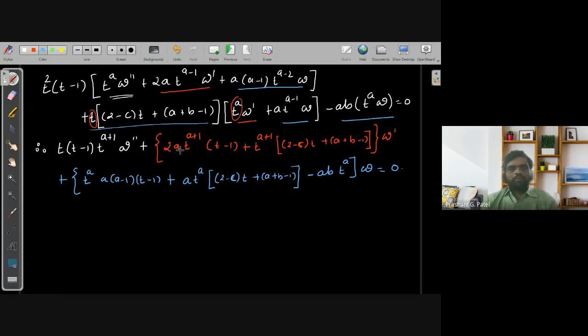Further, you can observe that t power a plus 1 is common out in this, and t power a is common out in this.